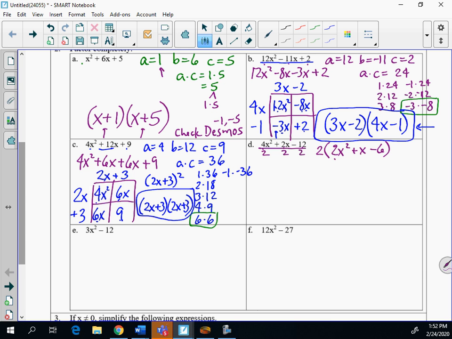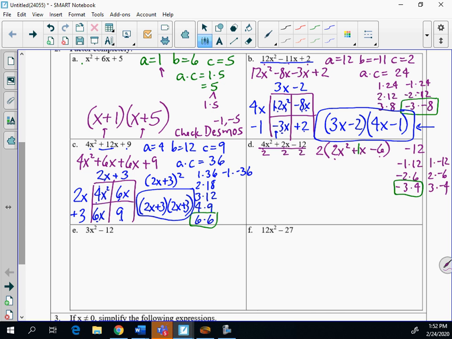A times C is negative 12. I have negative 1 and 12, or positive 1 and negative 12. I have negative 2 and 6, or positive 2 and negative 6. Negative 3 and 4, positive 3 and negative 4. And I think we found the one that we need right here.